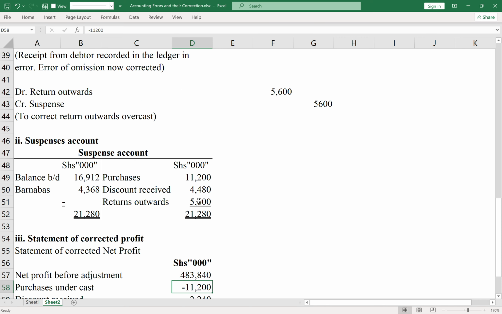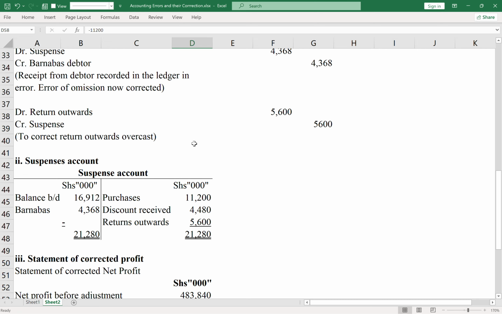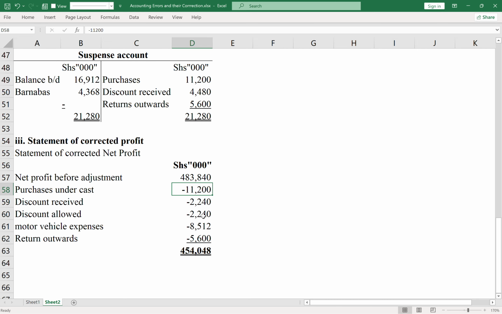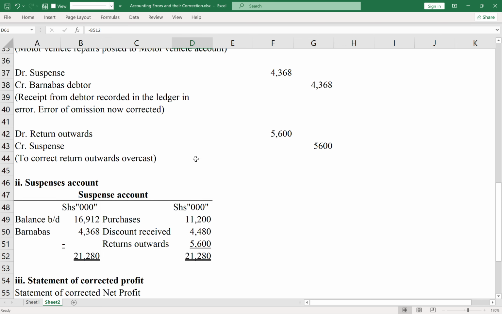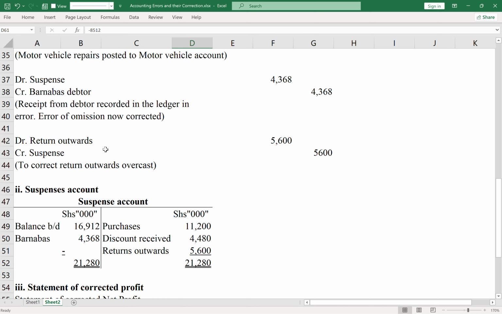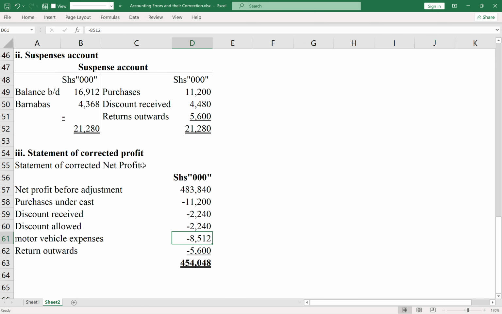Then we also have the motor vehicle repairs, which had been posted in the motor vehicle account. So you also have to subtract those, the motor vehicle expenses. And the last thing we have to do, we also have to subtract the return outwards for 5,600.